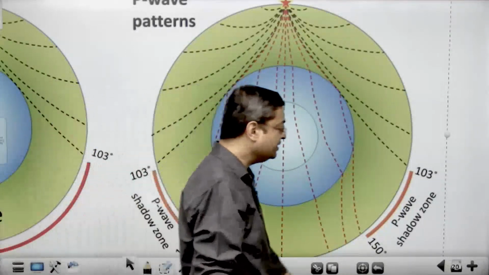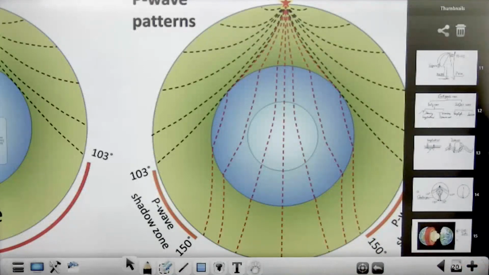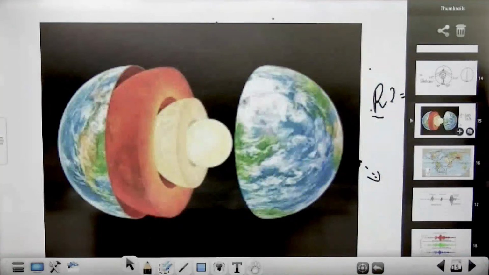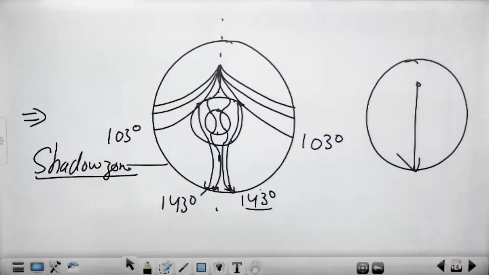Okay, so this wave establishes two facts. First, your earth is made up of concentric shells type structure, and second, your earth is composed of different types of material. It is a heterogeneous one.